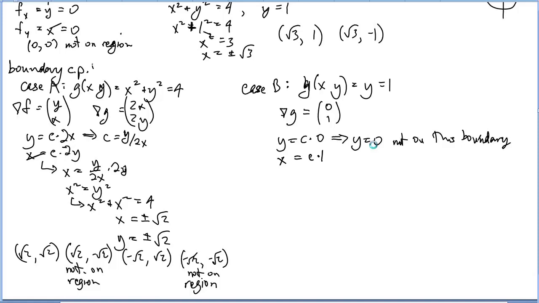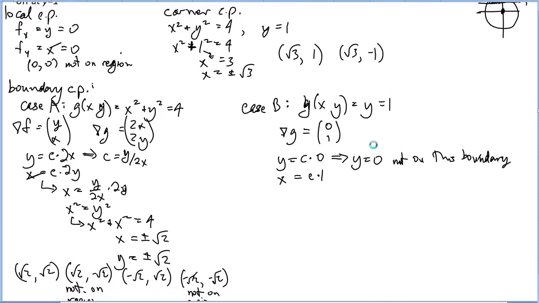So now we've checked for local critical points, corner critical points, and boundary critical points. Altogether, the critical points that we like are: (0, 0) was not on the region, so we throw it away.